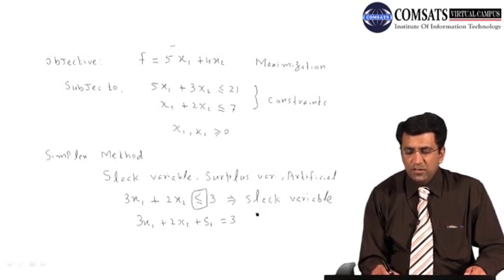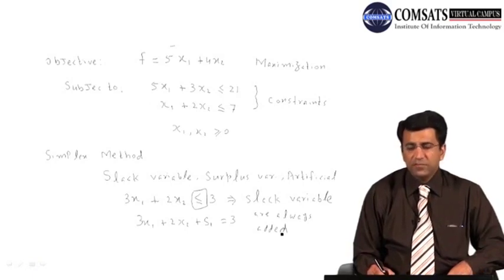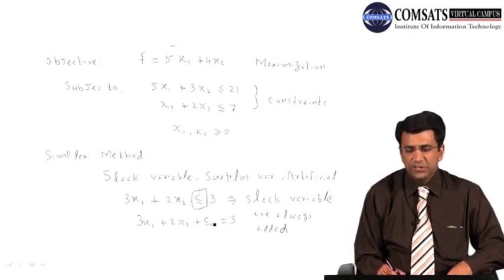So slack variables are always added on the left hand side of the inequality. We have to add the slack variable, represented by S1, on the left hand side so that we can convert it into the equation form.